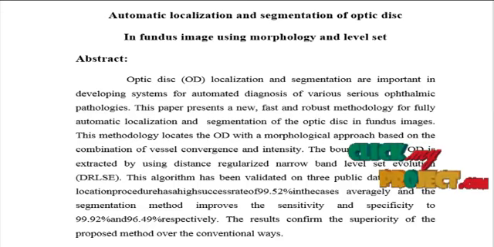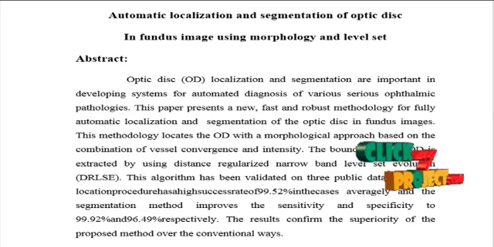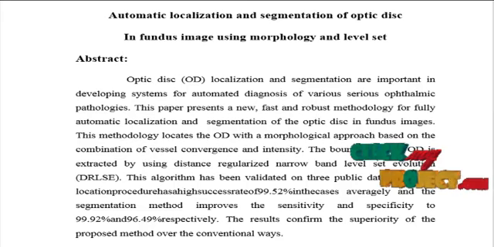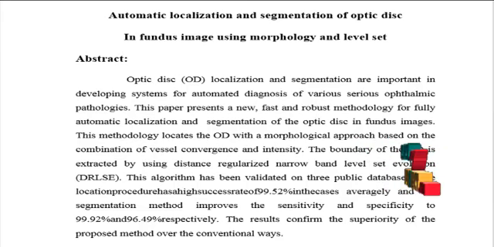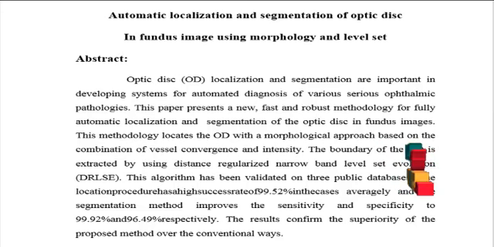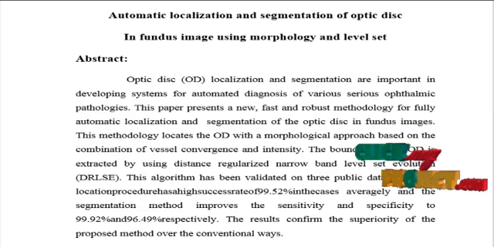This method locates the optical disc with a morphological approach based on the combination of the vessel convergence and intensity. The boundary of the optical disc is extracted by using distance regularized narrow band level set evolution. This algorithm has been validated in different databases.